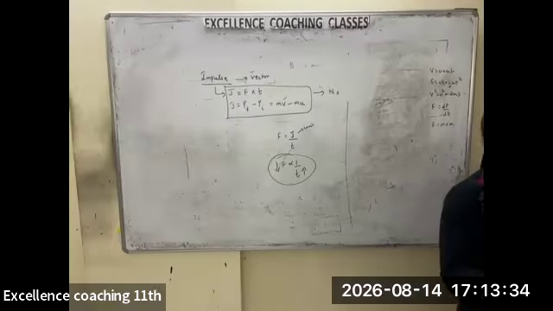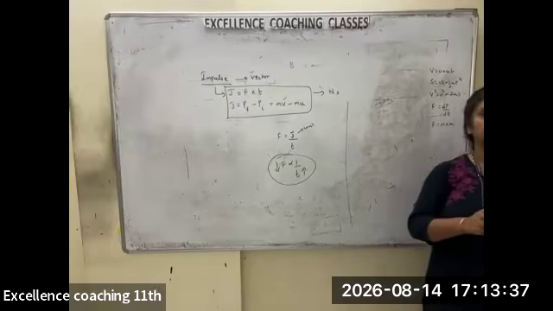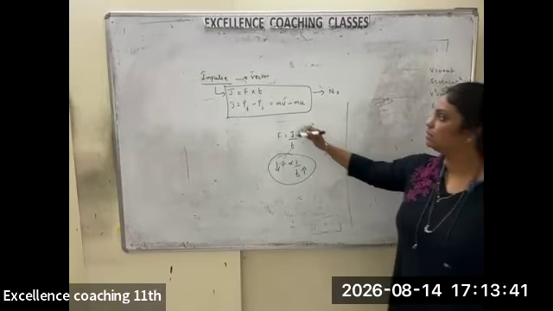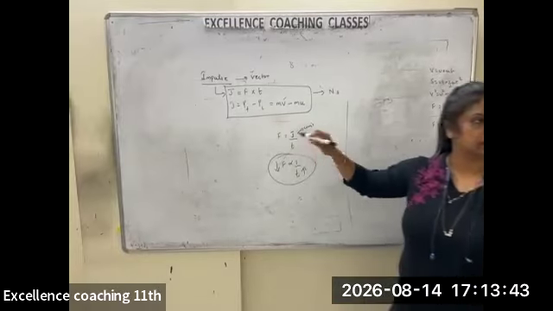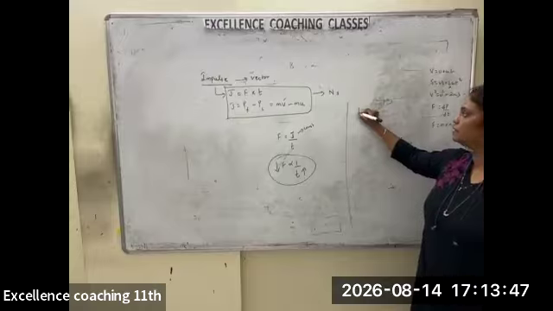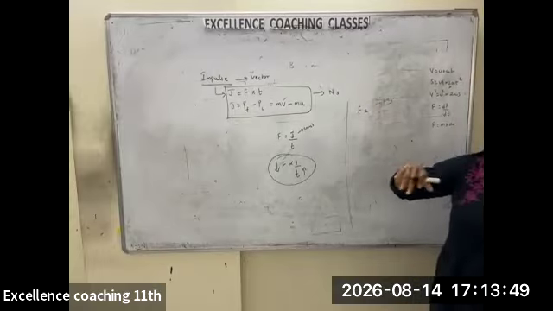F into T, and final momentum minus initial momentum. So let us derive this one. Second formula derivation you have. Just pay attention here. Small derivations you all have here.